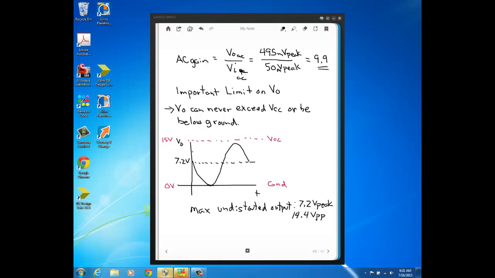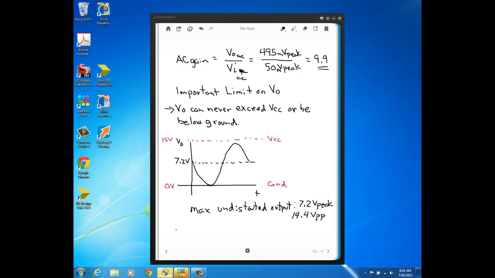Another quick one: if this Q value was, say, 10 volts, then the maximum undistorted output would be 5 volts, because it would hit the upper limit before it hit the lower limit. If this sinusoid was centered at 10, and remember this sinusoid is symmetric, so it increases the same amount on the positive half cycle as the negative half cycle, it would hit VCC a lot sooner than it would hit ground. So that's how you figure out maximum undistorted output.